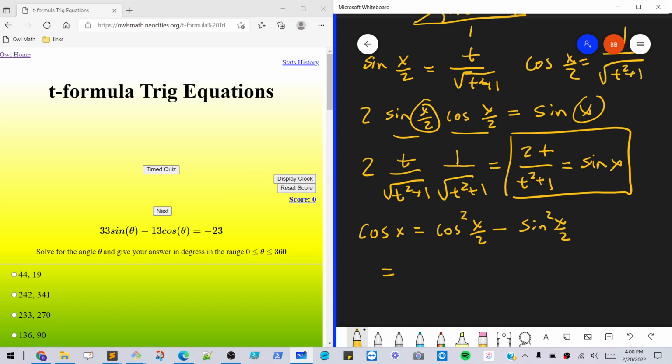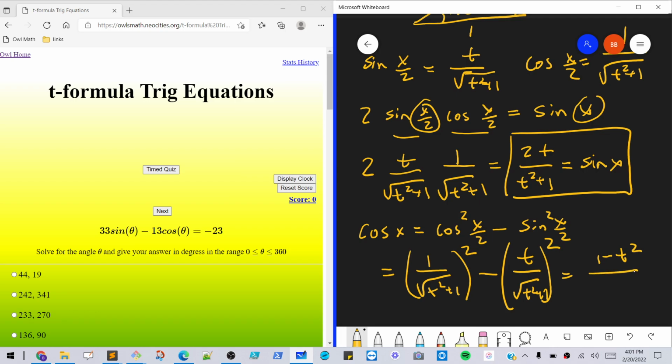For cosine, we'll have 1 over the square root of t squared plus 1, squared, minus t over the square root of t squared plus 1, squared. And we're going to end up with 1 minus t squared over 1 plus t squared. That's going to be our value for cosine of x.